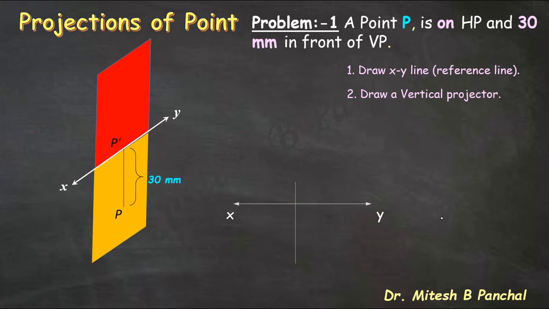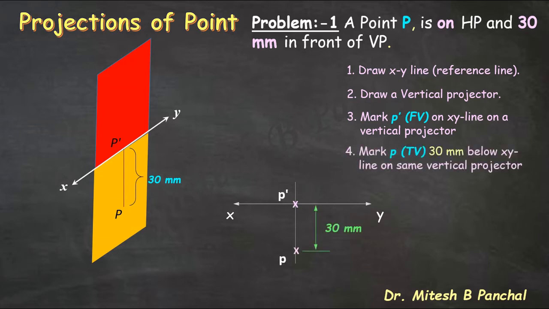Now mark P dash on XY line on a vertical projector, because here P is on HP, so P dash is on XY line. And mark top view, that is small p, 30 mm below XY line on same vertical projector. So this one is the final answer of the problem.